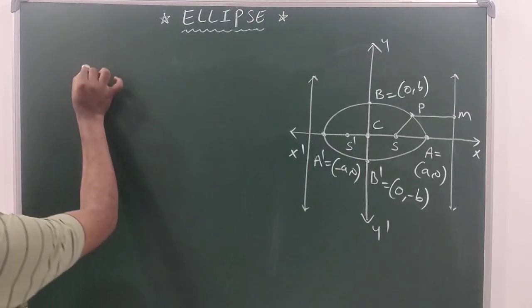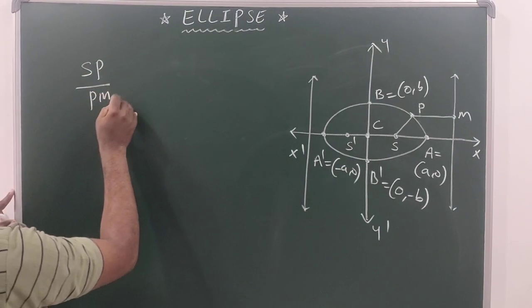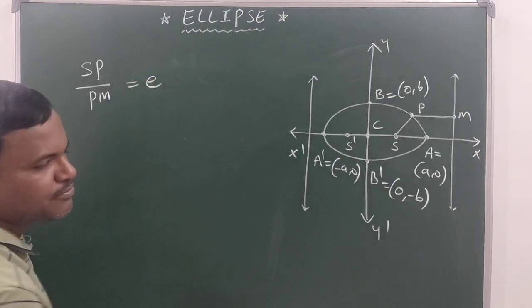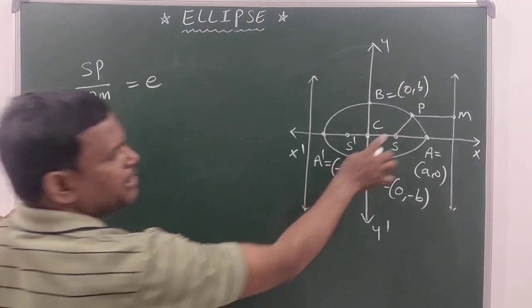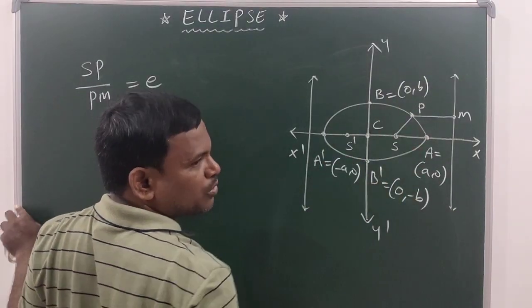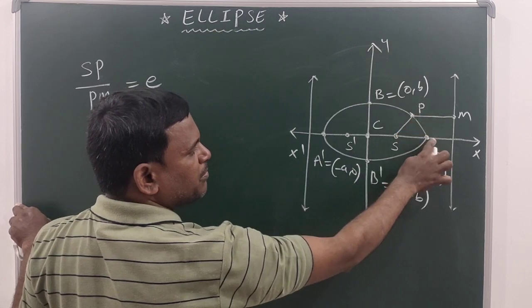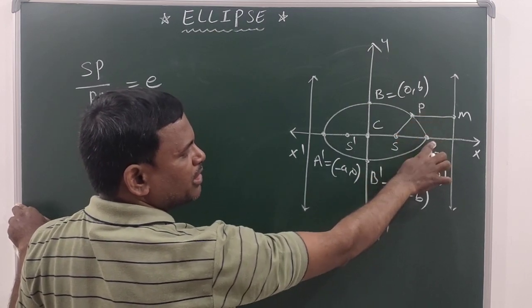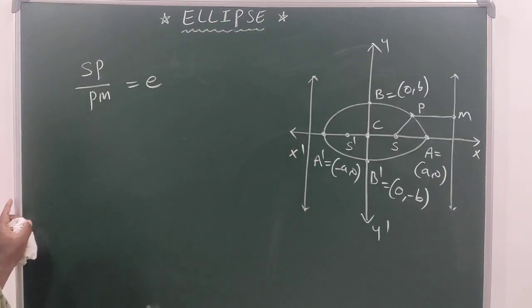You know, SP by PM is equal to E. But you can take this P anywhere on this ellipse, so I am going to replace P by A, because A is also one of the points on the locus.